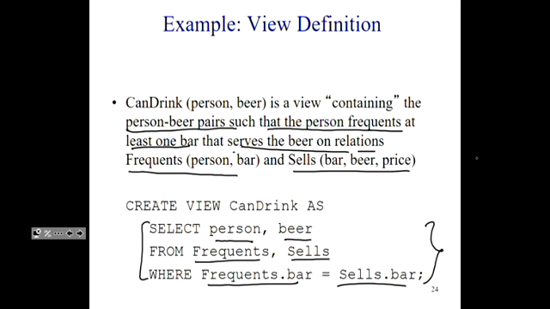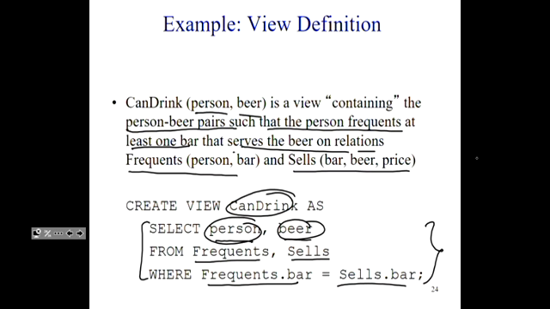subquery, if you will, which contains the person-beer pairs such that the person frequents at least one bar that sells a beer. Then I am defining that subquery as a new view called CanDrink, and CanDrink has two attributes, person and beer, because these are the attributes listed in your select clause.